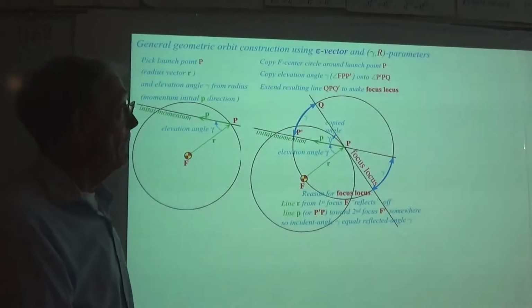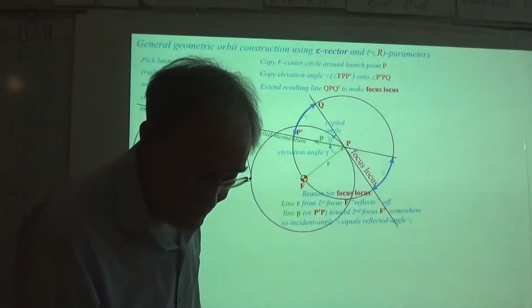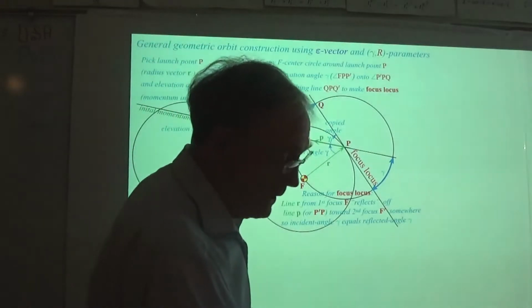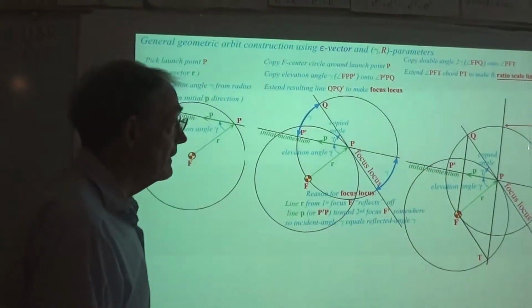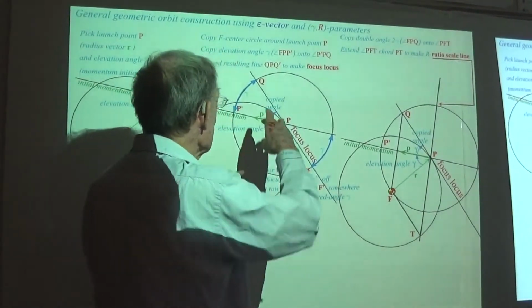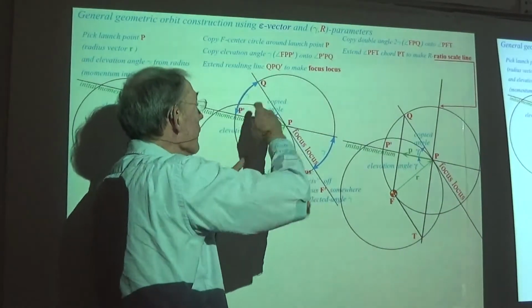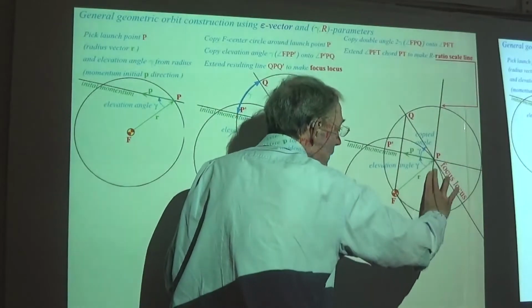And that's the third step. Is this following fairly closely here? Okay, well, that's what you do. That's the finishing of it right there. Basically what you do is you take this arc or this line and copy it down here.